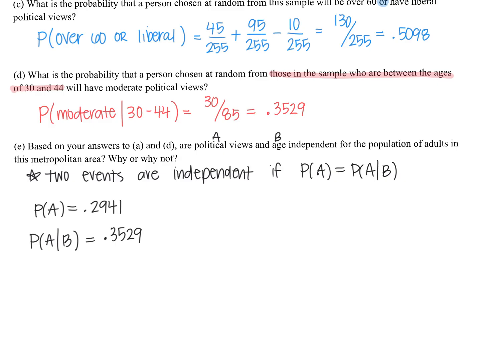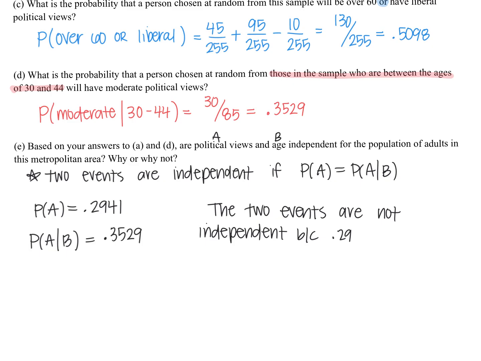So because those probabilities are not equal, the two events are not independent. And it's because 0.2941 does not equal 0.3529.